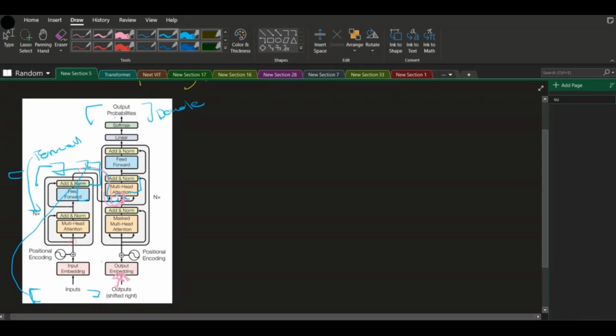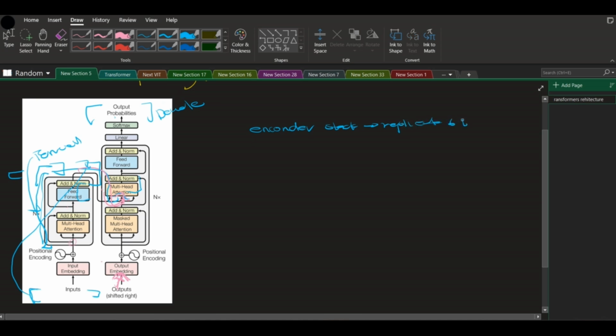So in the paper, they replicated this portion here 6 times. We can think of this as one layer. We call this the encoder stack, where we replicate these layers 6 times.